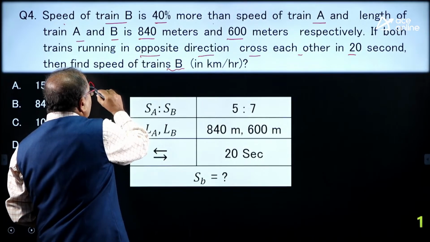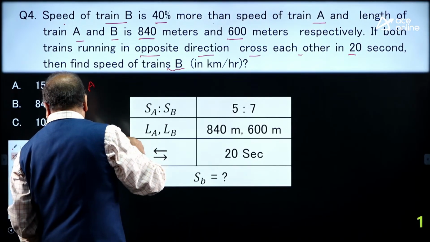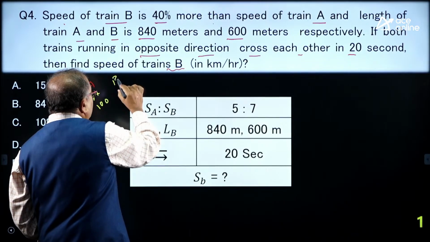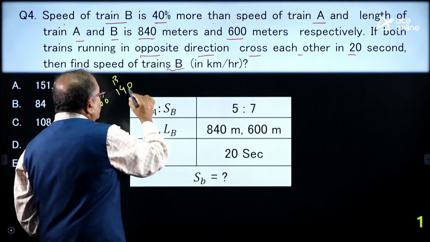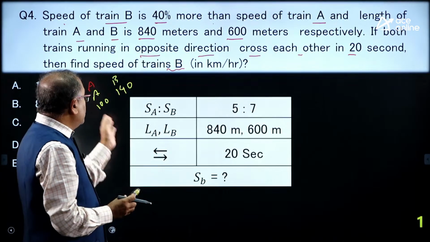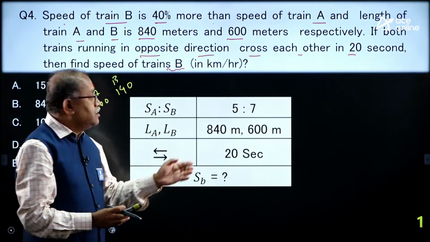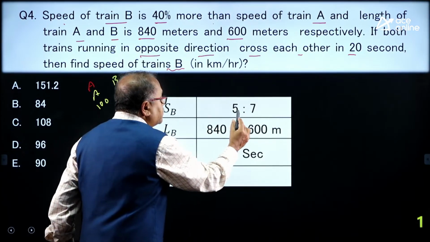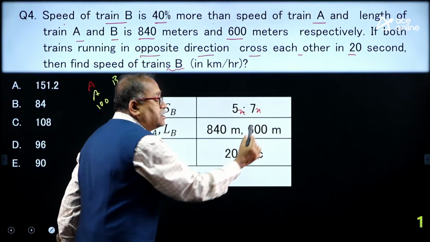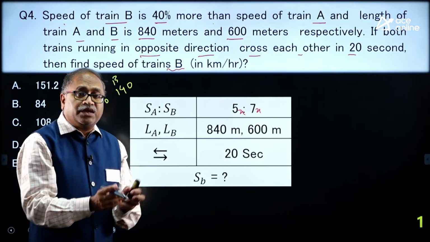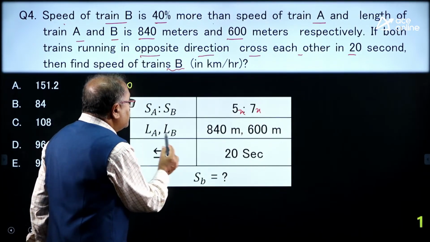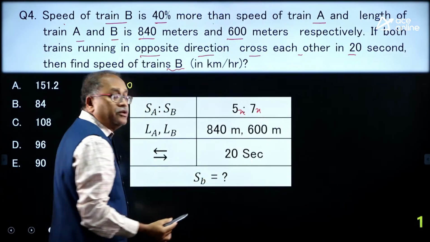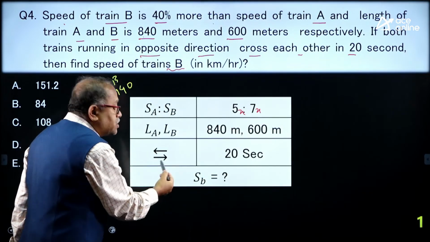That means, if A is 100, B is 140. So, what is the speed ratio? With 20, this gets cancelled, 5:7 is given to us. So, I can consider this as 5x and 7x, the speed of A and B. Now, the length of A and B is already given to us, 840 and 600, and they are crossing each other.